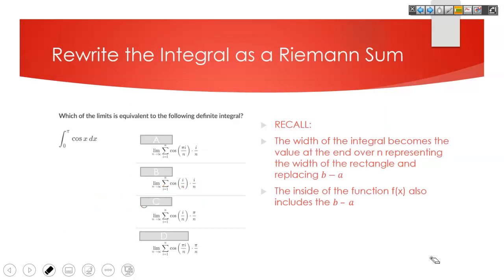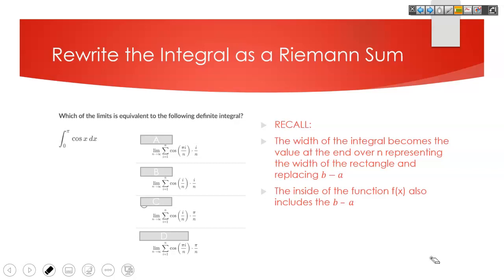So this is a multiple choice style question from back in the day. And it said which of the limits is equivalent. So remember, this was like that crazy formula for you to do b minus a, so you got pi.